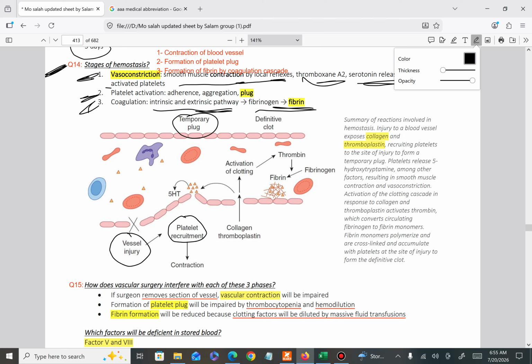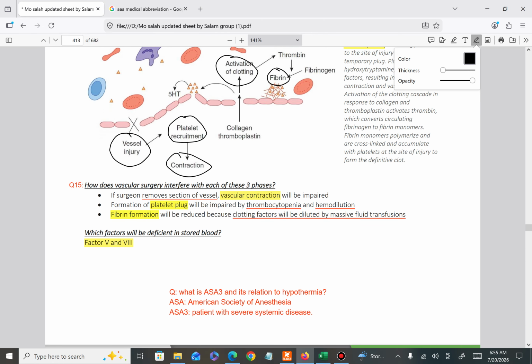There will be platelet recruitment and contraction of the platelets, which causes the platelet plug. Then there is activation of the clotting system, which leads to the fibrin plug, and the fibrin plug is the definitive clot. How does vascular surgery interfere with each of these three phases?